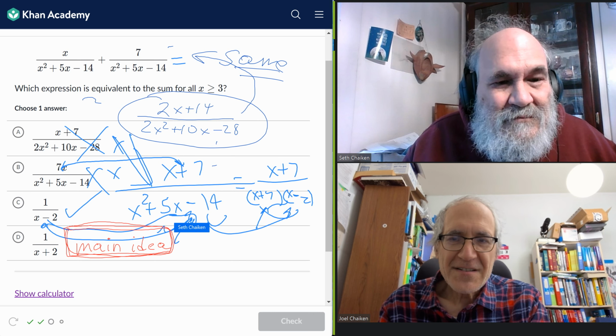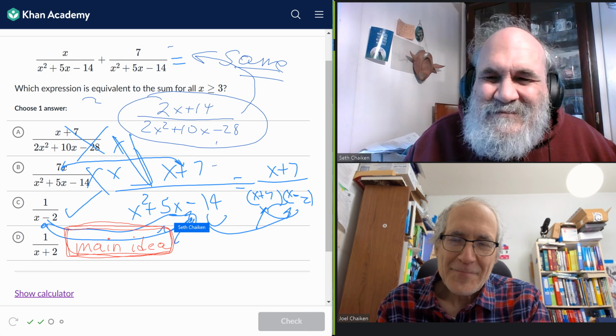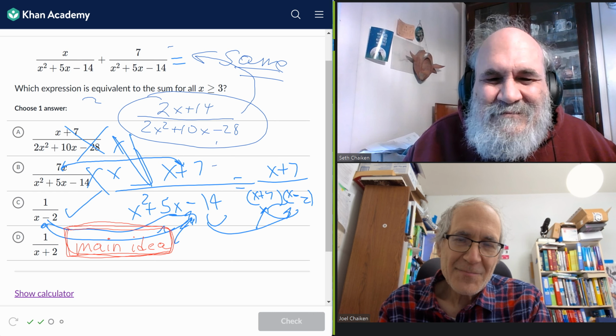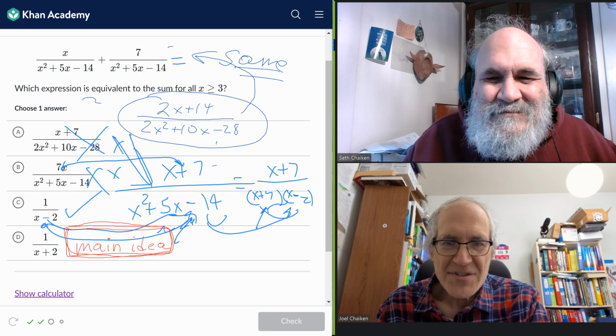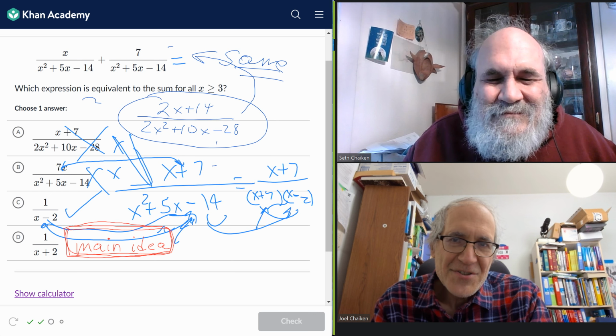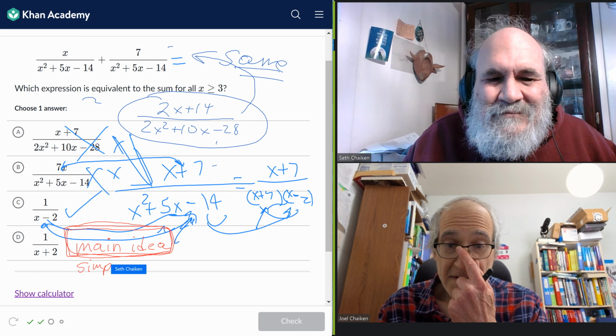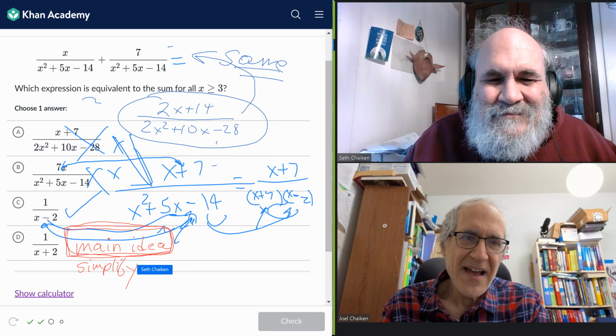Well, the main idea is algebraic manipulation of fractions and simplifying. How do you simplify fractional expressions? You have to find out if there are common factors in the denominator and the numerator, and they cross out.